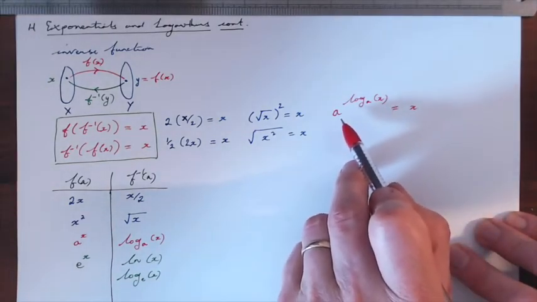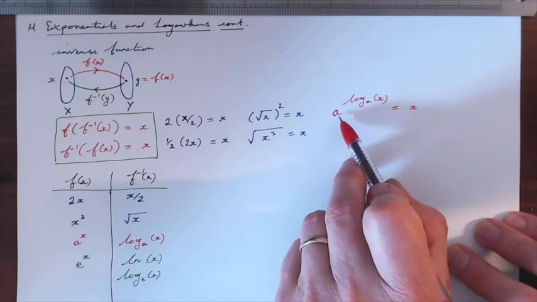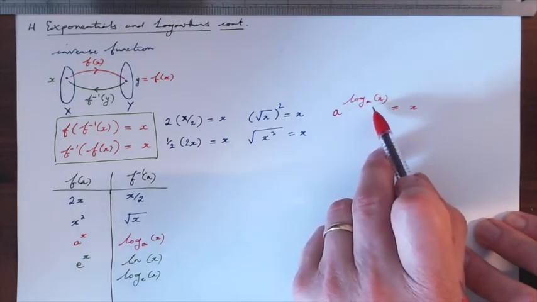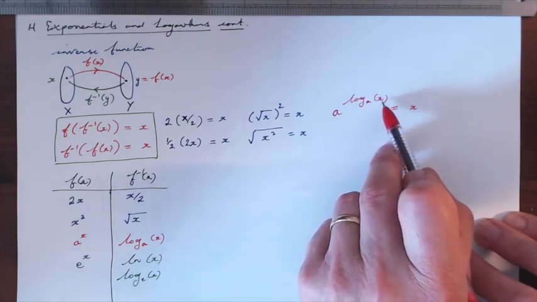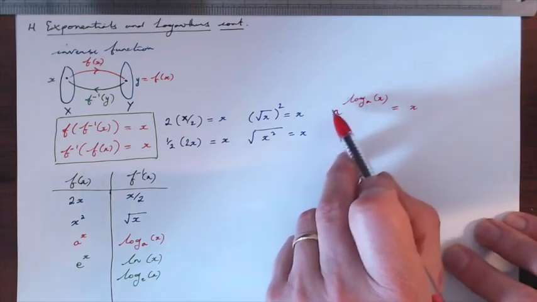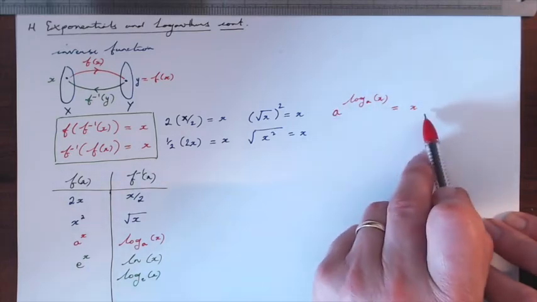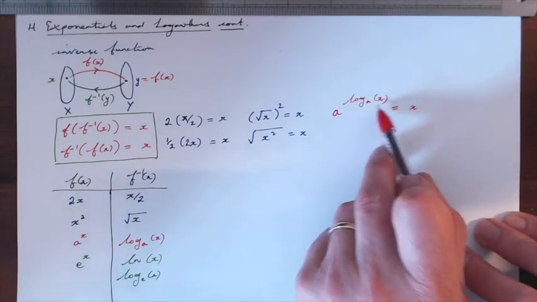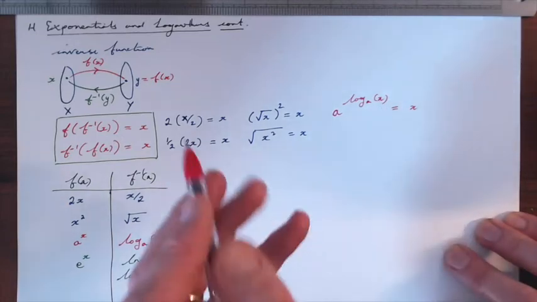So to the base a, the exponential of log to the base a returns the argument of that logarithm. That's a very important and useful relationship that connects exponentials and logarithms.